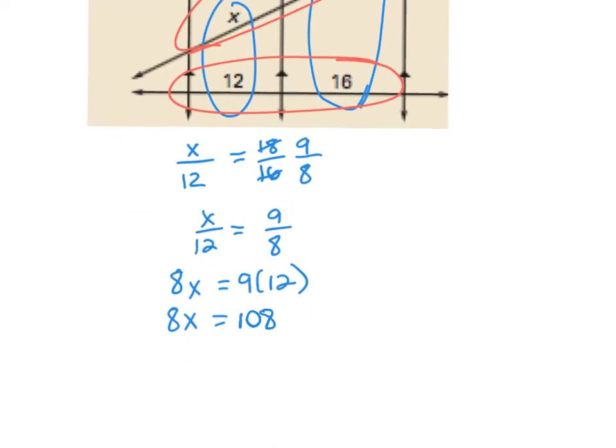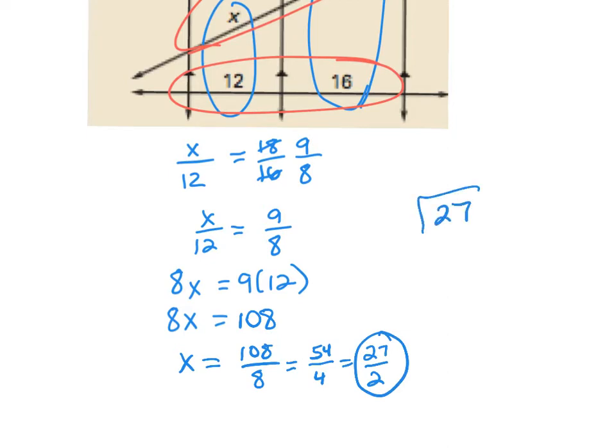108, and then x equals 108 over 8, which can be simplified to 54 over 4, again, 27 over 2. That's the most simplified fraction, or you can actually divide it and get 13 and 1/2, or 13.5.